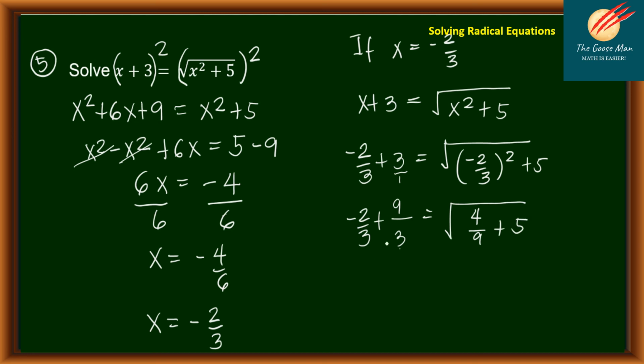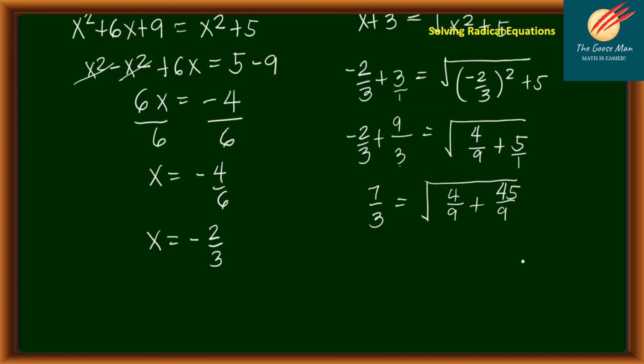So I have the same denominator, then I can simply add negative 2 plus 9, that will give us 7 over 3. On the other hand, I would like to make the denominator the same as 9. So 9 divided by 9 times 4 is 4, while 9 divided by 1 is 9 times 5 is 45.